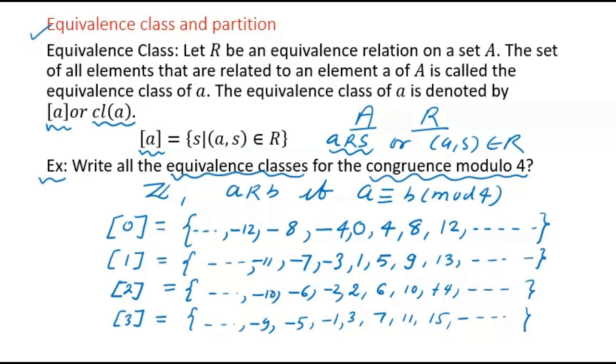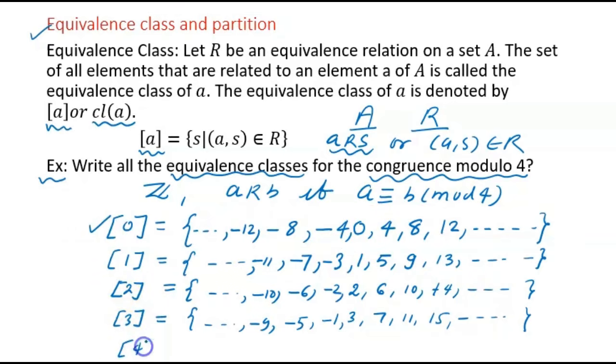Now I have a question for you. Please pause the video and answer this question: what is the class of element 4, or what is the class of element 5 or 6 or 7? You realize that if you calculate the class of element 4, it will be nothing but the same class as class of 0. Let me write it.